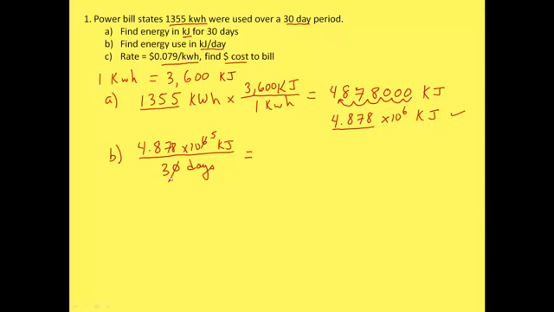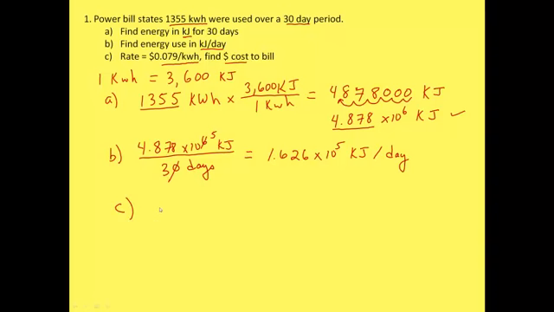Take a 0 off here, so divide by 10 on top and bottom, and then 4.8 divided by 3. So that gives us 1.6, and then it's 1.6 times 10 to the 5th kilojoules per day is the amount of energy being used per day.